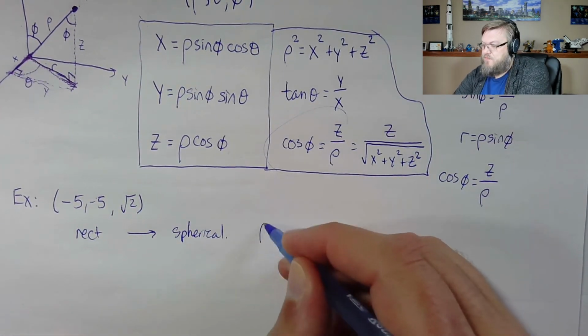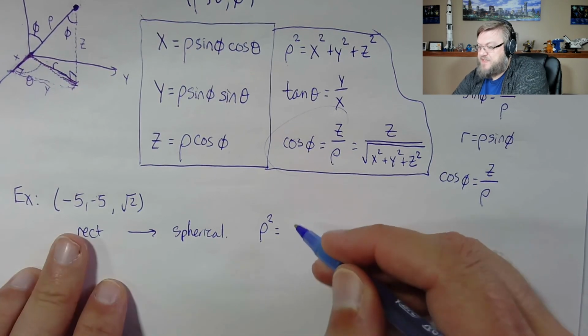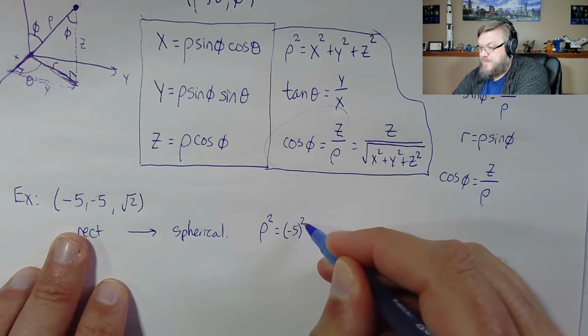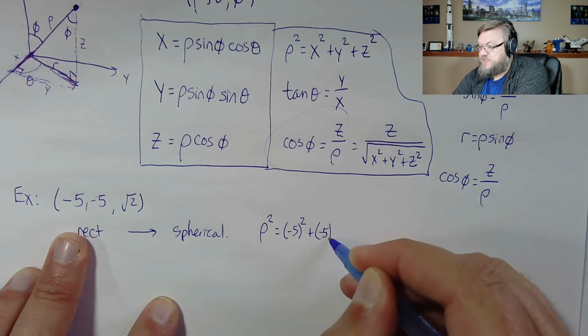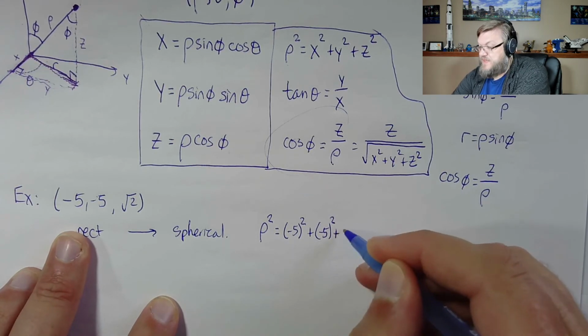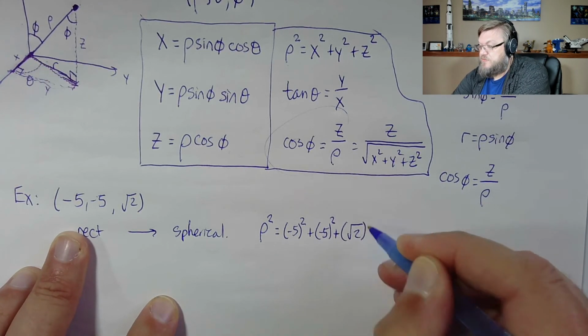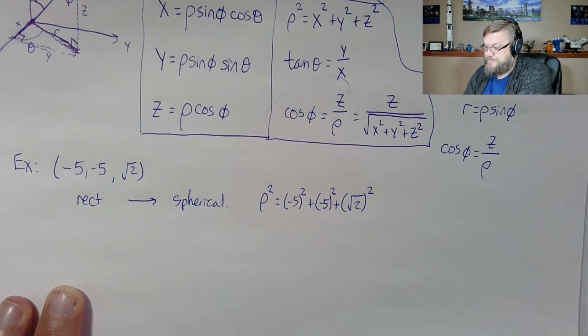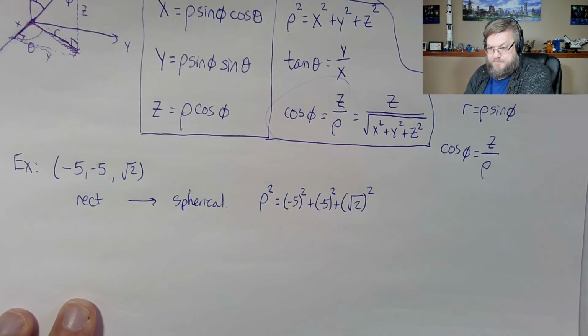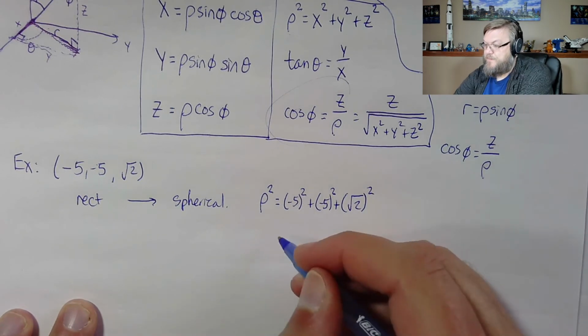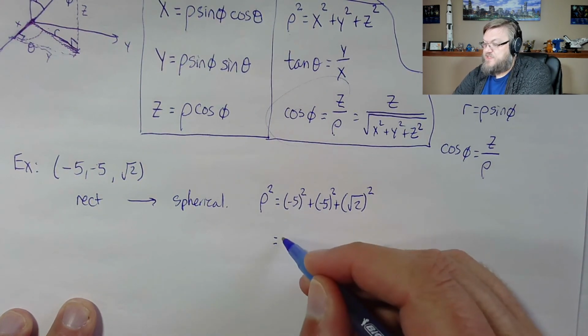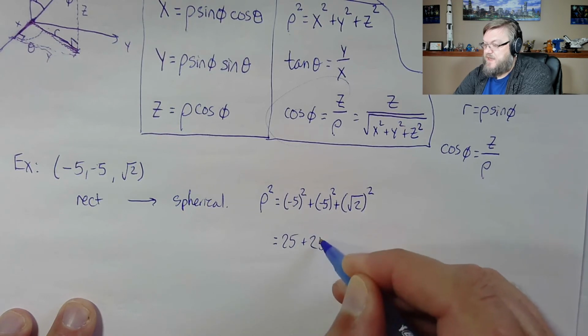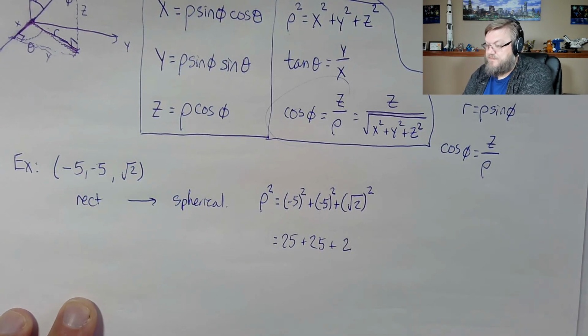Okay. Rho squared is going to be x squared plus y squared plus square root of 2 squared. That's going to be 25 plus 25 plus 2.